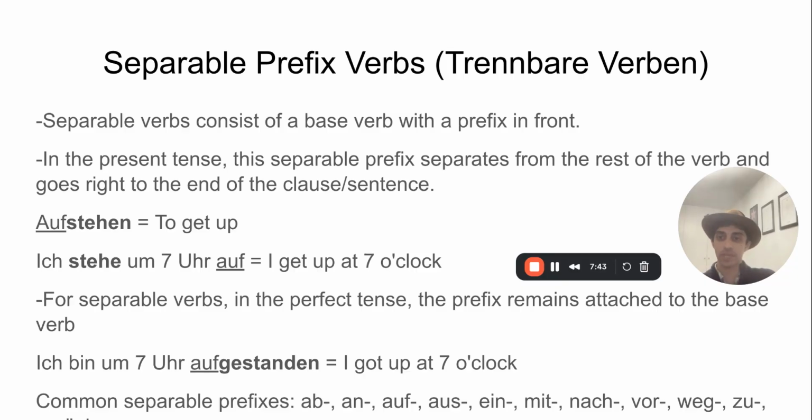So the separable prefix auf has totally separated from the main verb and gone right at the end of the clause or the sentence. Whenever you're using these separable verbs in the present tense, you must remember that the prefix separates and goes separately right to the end of the clause. That is very important to remember because you will likely have to do that when you're speaking or writing in German.